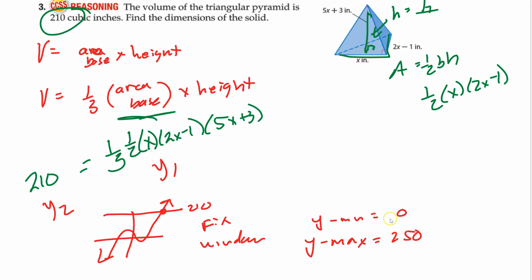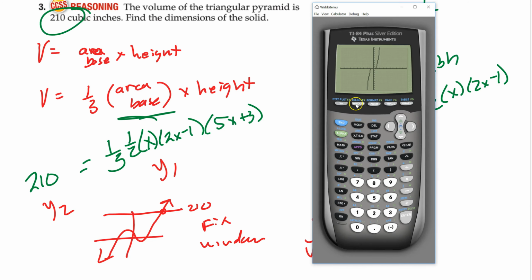I'll make it 0, but you've got to make sure your y goes all the way up to 210. So let me fix my window because it doesn't go high enough right now. My y max only goes to 10. I need to go to 210, so make it 250 so you can see it better. So you see how it's way up there now, and there's my graph, and there's 210.